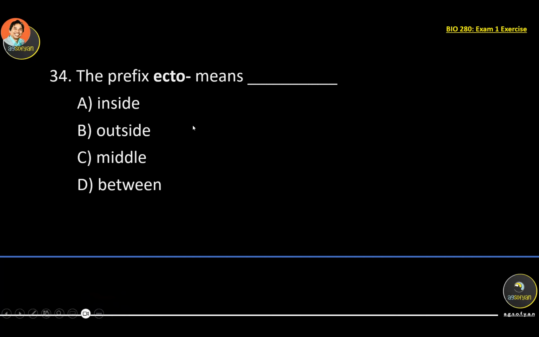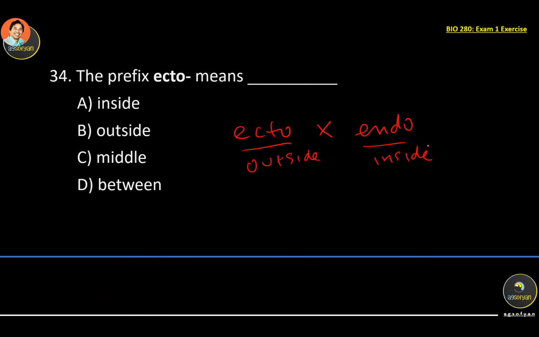The prefix ecto. If you say ecto, then the opposite of ecto is endo. Ecto means outside.